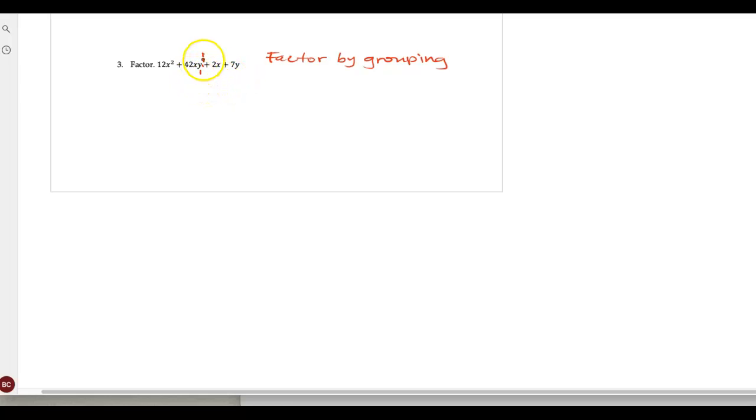So now, after we break this in half, we're just looking at those first 2 terms and saying, okay, what's the greatest common factor I can find just with these 2 terms? All right, can anybody think of what that might be? What could factor out of that? It's the biggest number. So we've got 12 and we've got 42.